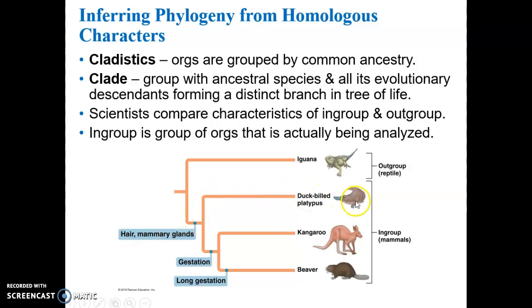So that leads to things like a duck-billed platypus, or a kangaroo, and a beaver. These are all mammals. Okay? The outgroup, in comparison to these, is an iguana, which is actually a reptile. Okay? So what we have here is a clade with the common ancestor here. And this is how cladistics normally works.